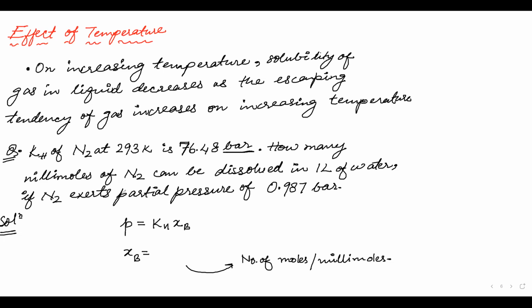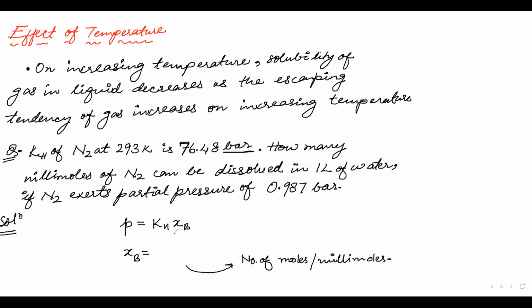I have 0.987, which is divided by what? It is divided by 76.48. Sania, can you do the division once again? It is not that much.